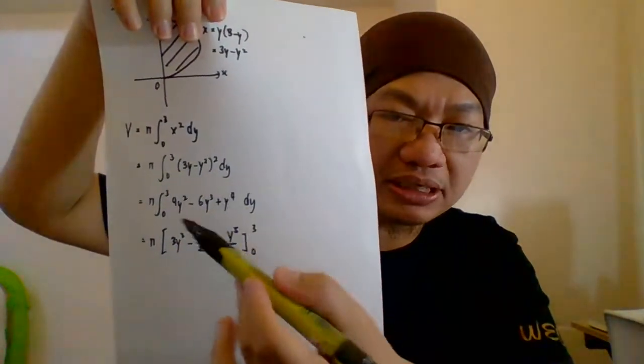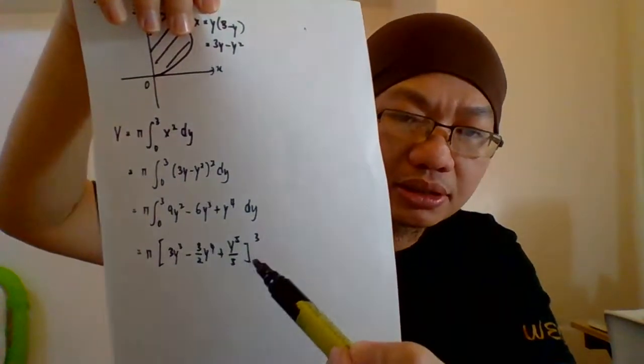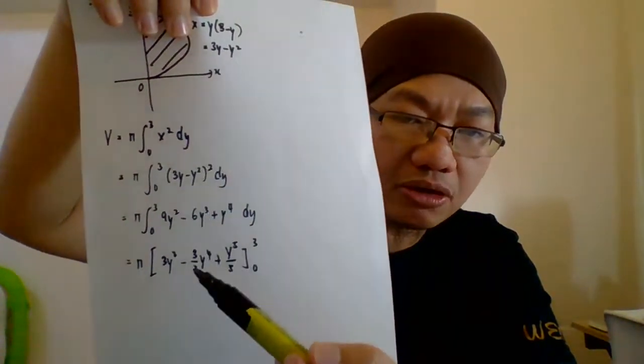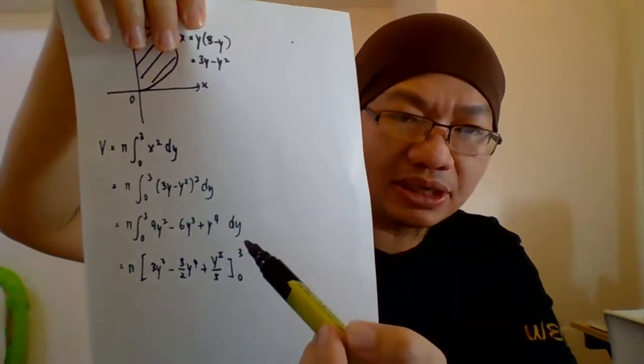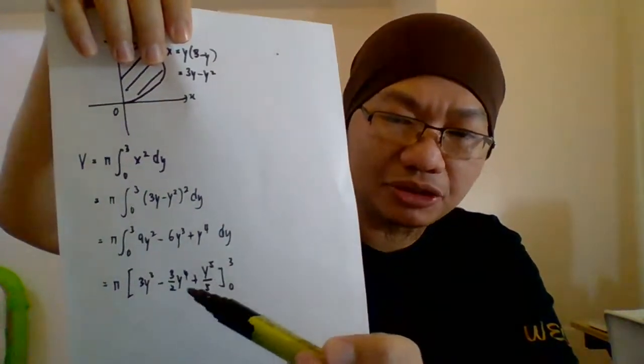So, when you do the normal integration, you're supposed to get this one: 3y cubed minus 3 over 2 y power 4 plus y to the power 5 over 5 to the limit 0 and 3. And then substitute 3, substitute 0, and then tell me the final answer. Okay guys, please calculate for me. What is the final answer?